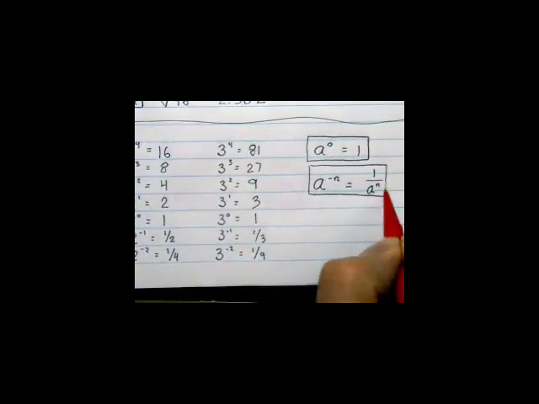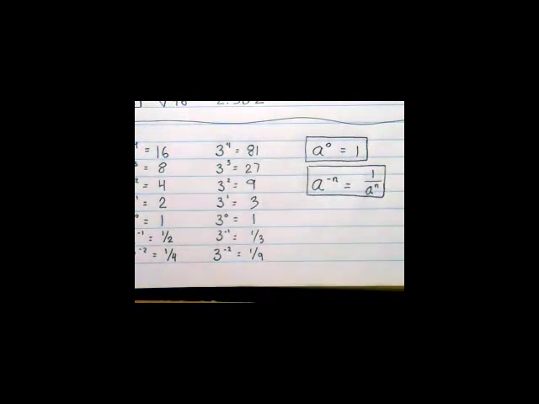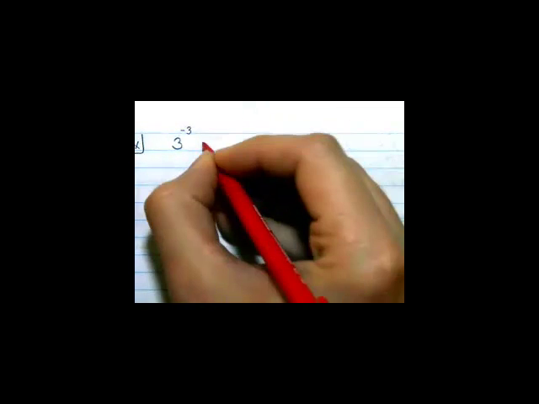Okay? So I'm going to do just a couple of examples using some negative exponents here real quick. Then we'll move on and we'll be done. Just want to solve some quick equations at the end here and then we'll be done. Okay. So let's say we have 3 to the negative third.